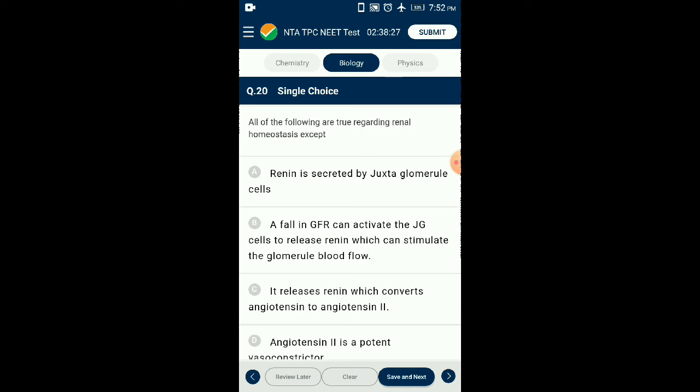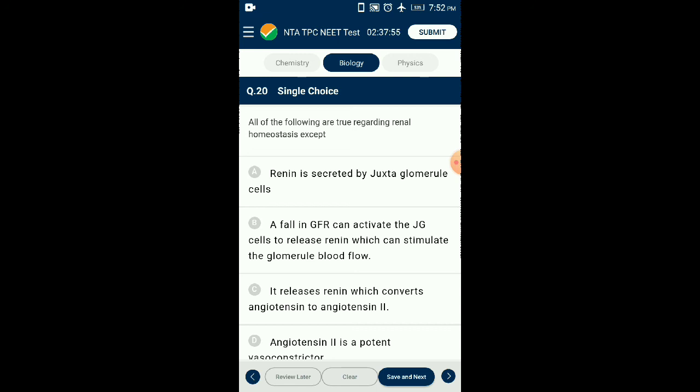Question number 20. All of the following are true regarding renal homeostasis except: the JGA, that means juxtaglomerular apparatus, plays a complicated regulatory role. A fall in glomerular blood pressure can set off the JG cells to secrete renin, leading to the conversion of angiotensinogen in the blood to angiotensin 1 and further to angiotensin 2.